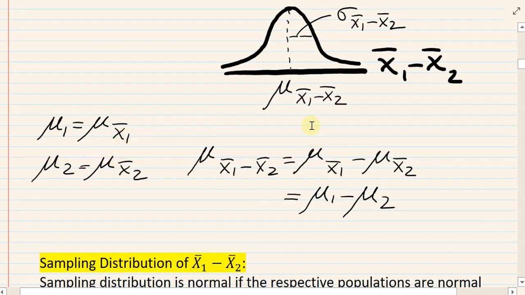So if I want to find the average of x bar 1 minus x bar 2, we simply subtract the mean of x bar 2 from the mean of x bar 1. But because of this relationship, that turns out to be mu1 minus mu2. See, this is what we wanted to do. So we're going to do this through this distribution, and x bar 1 minus x bar 2 is going to be our statistic.